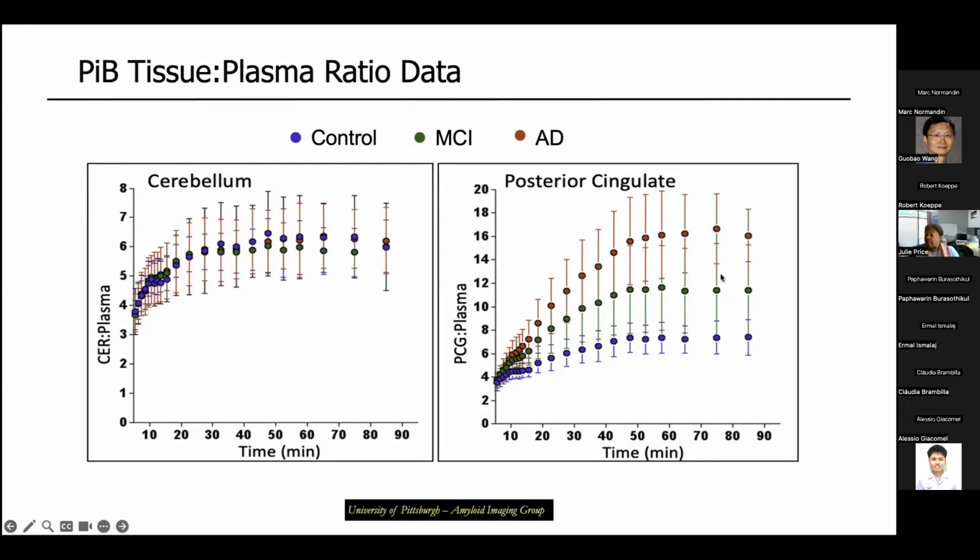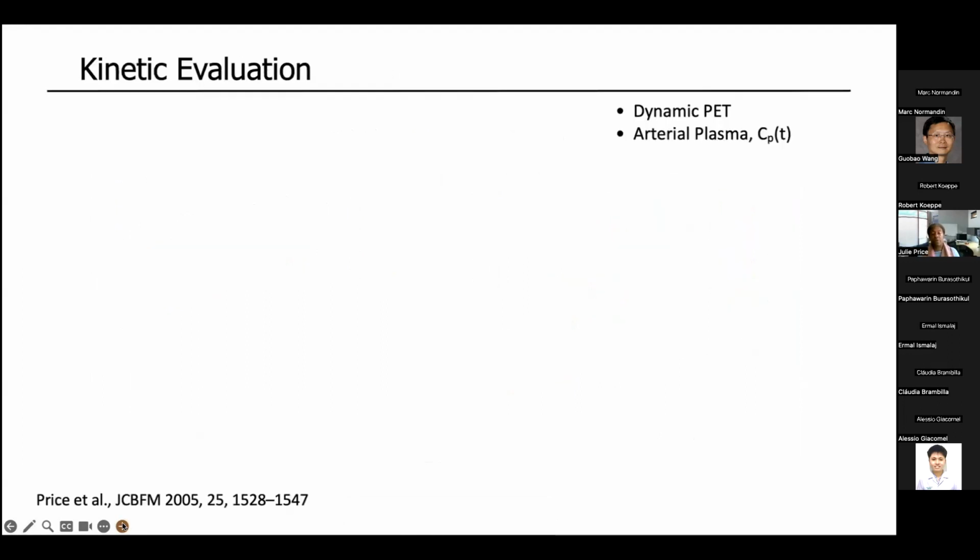MCIs appear to be mid-range between the controls, where the plateau began a bit earlier than in AD subjects. But evidence of a plateau for both nonspecific and specific binding regions was also encouraging for simplification.